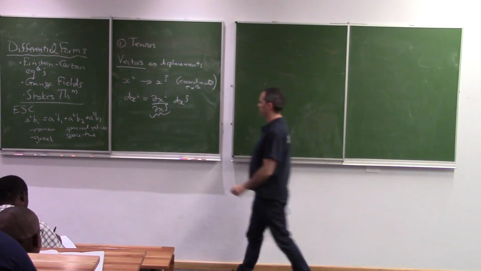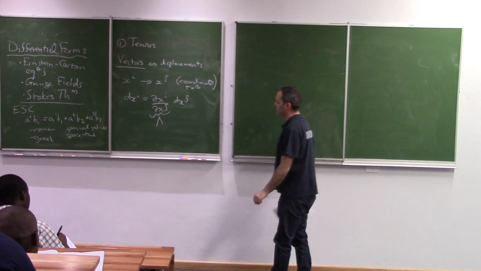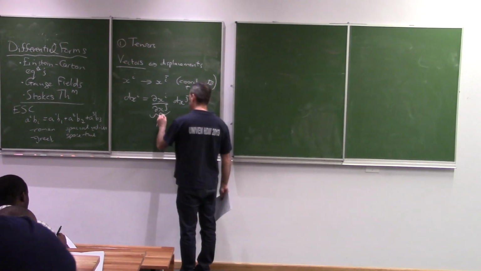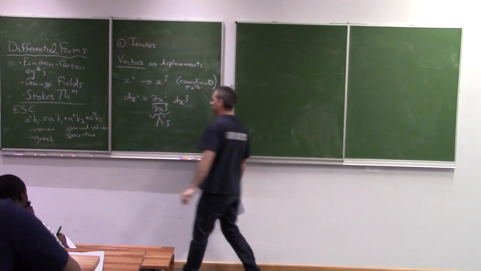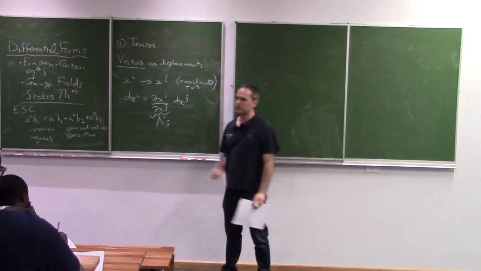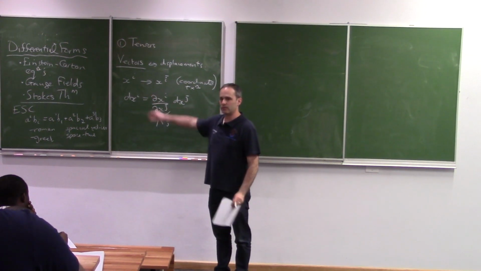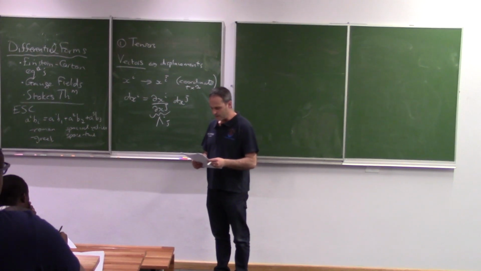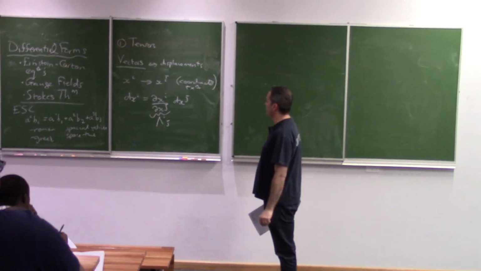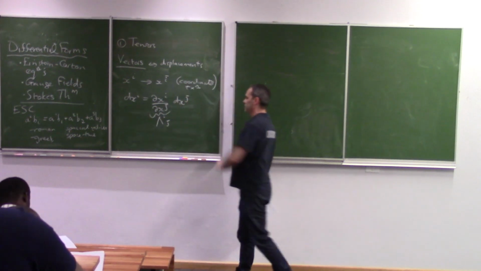Right, and I'm going to use some shorthand. I'm going to refer to this matrix, which tells me how to go from one displacement to another displacement, as Λ_ij. That notation is meant to remind you of Lorentz transformations in special relativity, which are a special case of these general coordinate transformations. Good. So a vector will be anything which transforms like that.